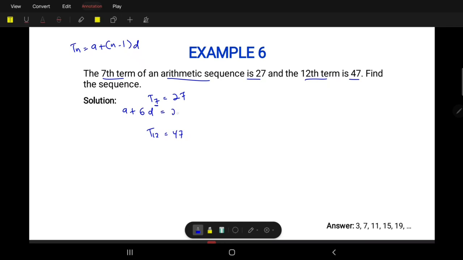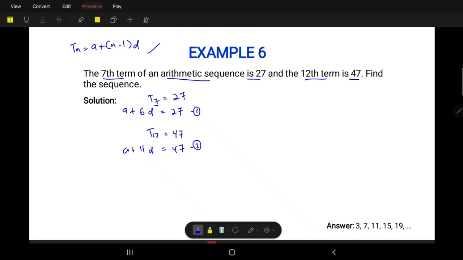Tak apa, biar je. For T12, use this formula. A plus, where n is 12, 12 minus 1, you get 11D equals 47. So this is the first equation, this is second equation.